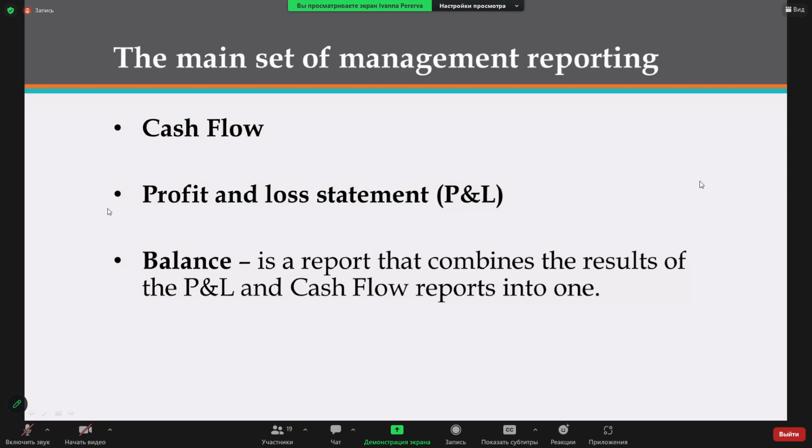After this, in 1 or 2 months, you will start to generate your profit and loss statement. And in some period of time, you will work with the balance sheet. Okay.